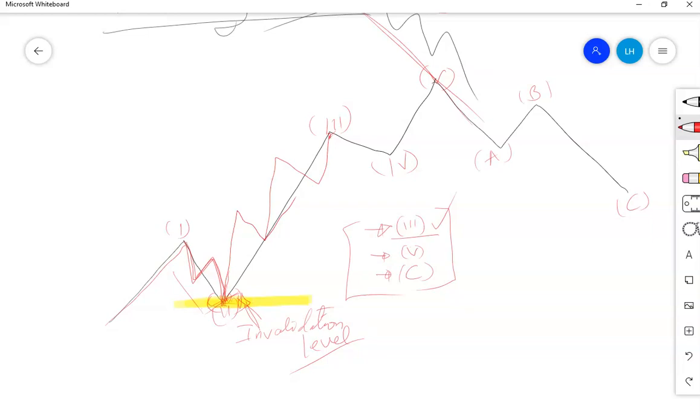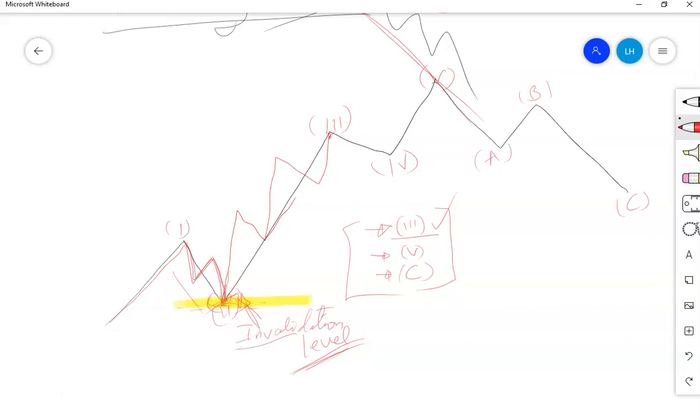That's why we call it an invalidation level, because when price corrects and exceeds this level, it means the upward movement in the third wave is no longer valid.